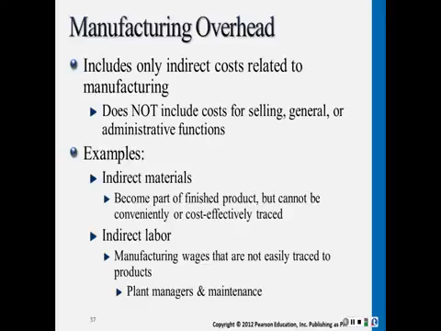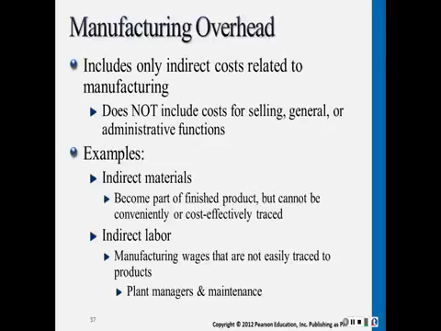Thus, indirect materials are materials used in making a product, but whose costs either cannot conveniently be directly traced to a specific finished product, or those costs are not large enough to justify tracing to the specific product. Like indirect materials, indirect labor is difficult to trace to specific products, so it is part of manufacturing overhead.